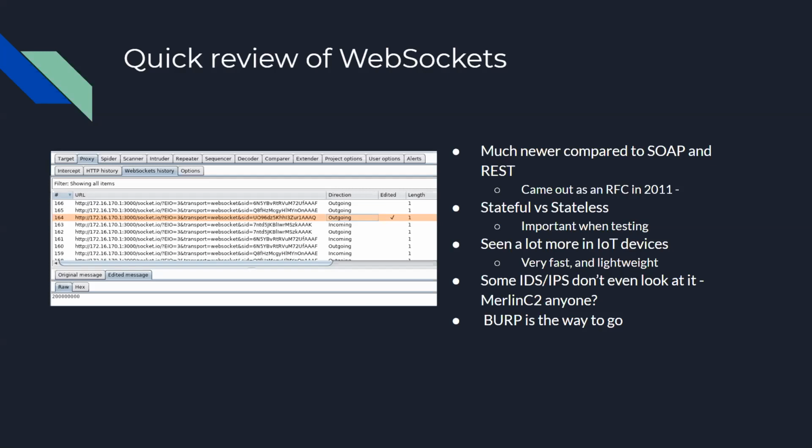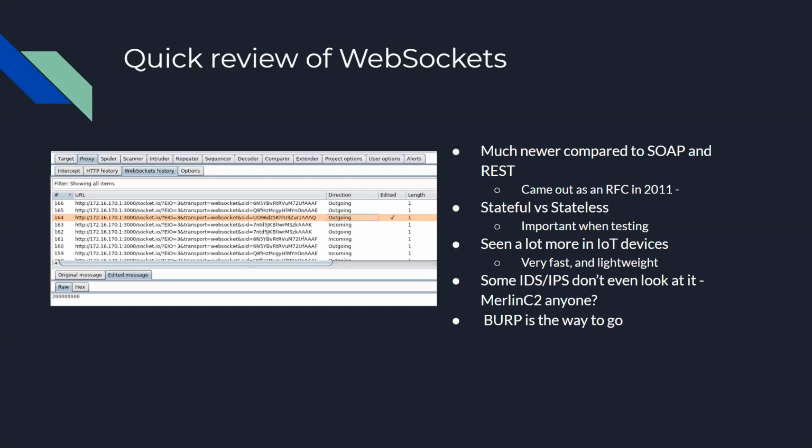I've talked to a lot of professionals, and when I ask them the question, have you looked into WebSockets? Have you seen if the IoT device is communicating on WebSockets? They kind of blink at me twice and say, what do you mean, WebSockets?